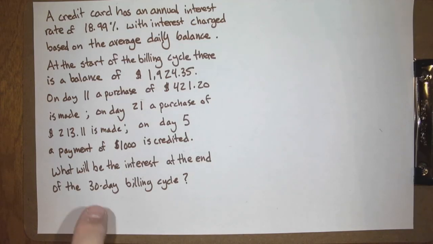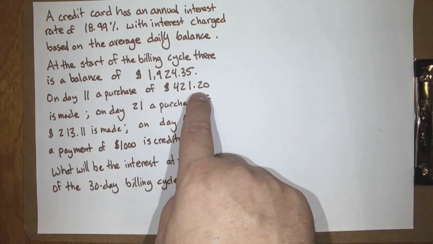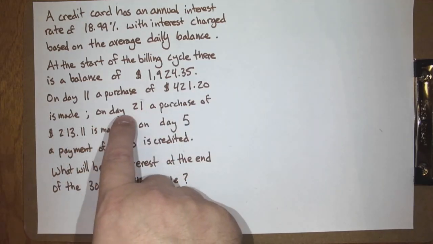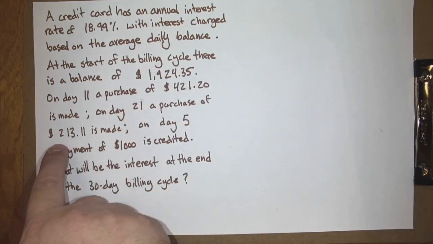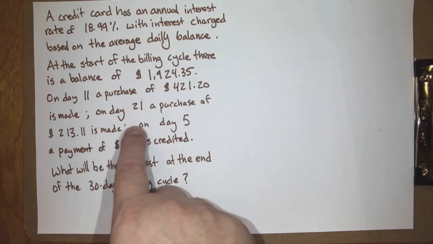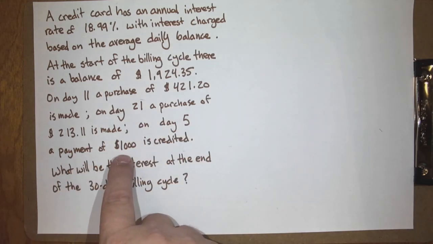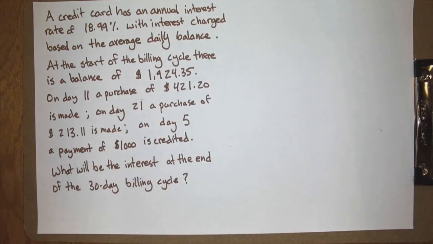On day 11, there's a purchase of $421.20. On day 21, a purchase of $213.11. And on day 5, a payment of $1,000 is credited. What will be the interest at the end of the 30-day billing cycle?